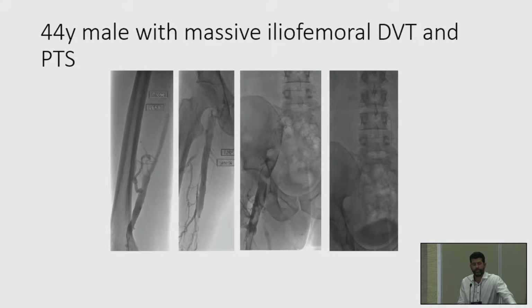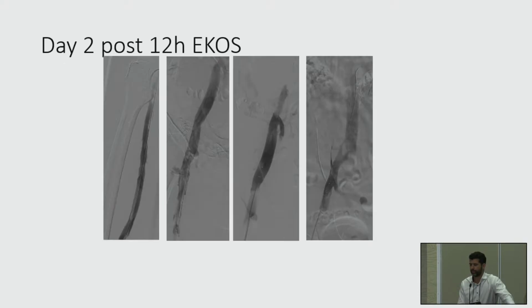And here we have a very young patient. I've seen this association with testosterone replacement therapy. I've seen some patients with large thrombus. So he had a large iliofemoral DVT with post-thrombotic type symptoms. We did about 12 hours of lysis, and at that point, his thrombus burden was basically resolved.